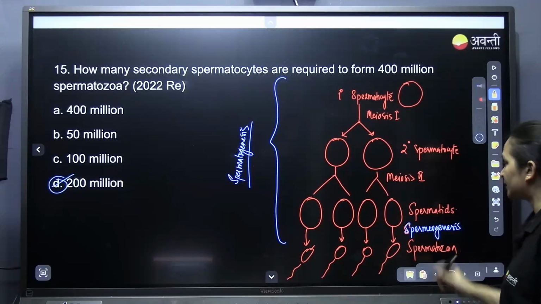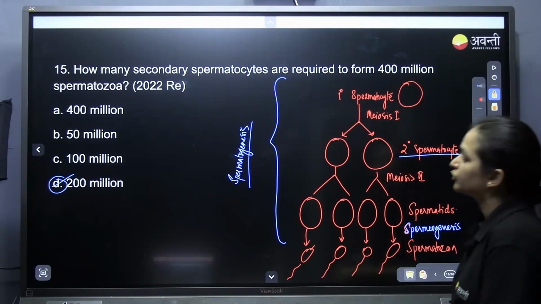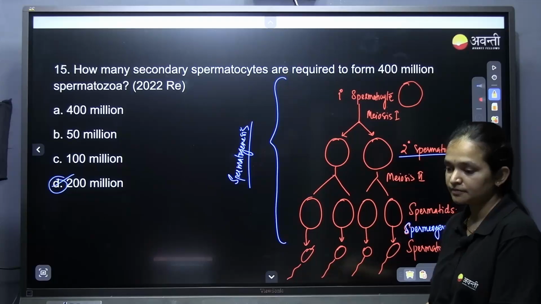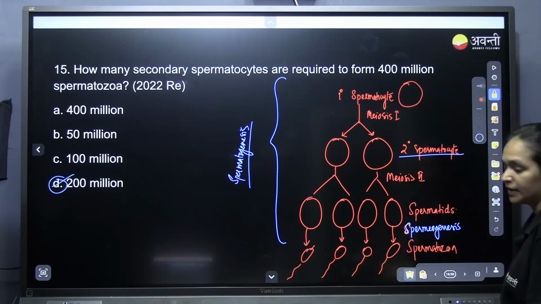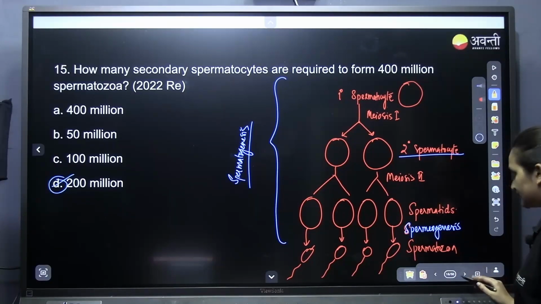So we require 200 million secondary spermatocytes. If the question is asked about how many primary spermatocytes are required to form 400 million spermatozoa? 100 million. You got the calculations. Yes, very good.